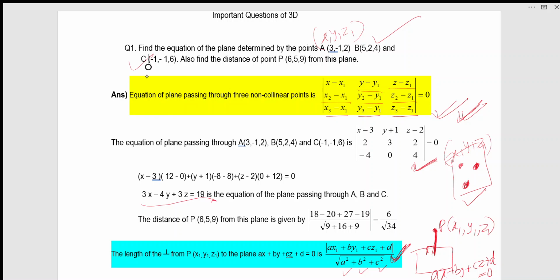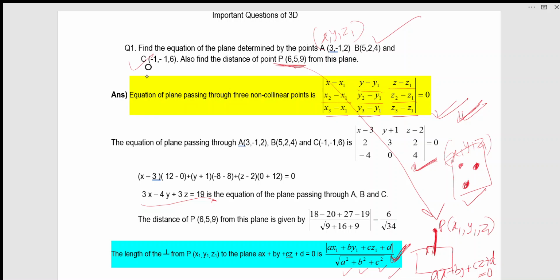Now you also have to find out the distance. So this point, which is similar to this one, that is x1 y1 z1, you will put it over here and you will find out the distance, that is ax1 plus by1 plus cz1 plus d upon under root a square plus b square plus c square. So what is a?